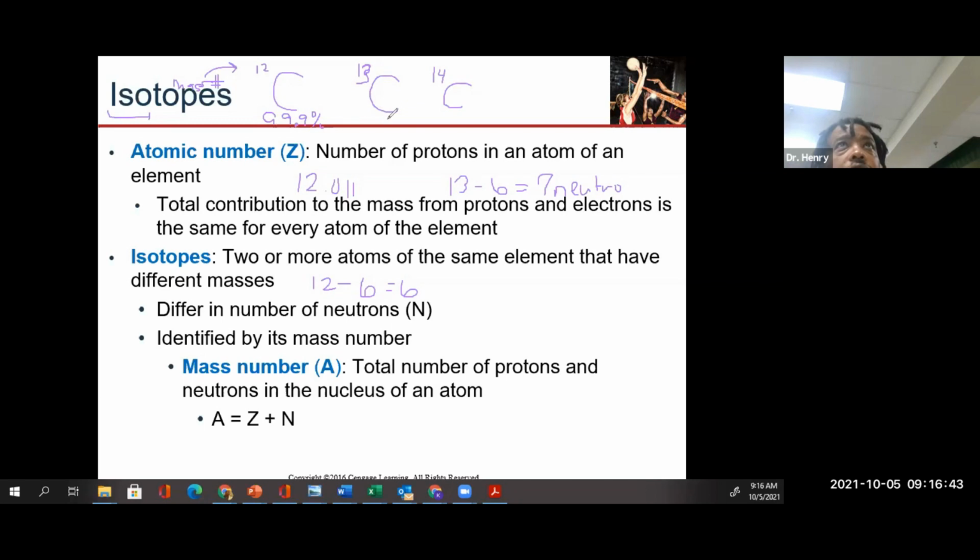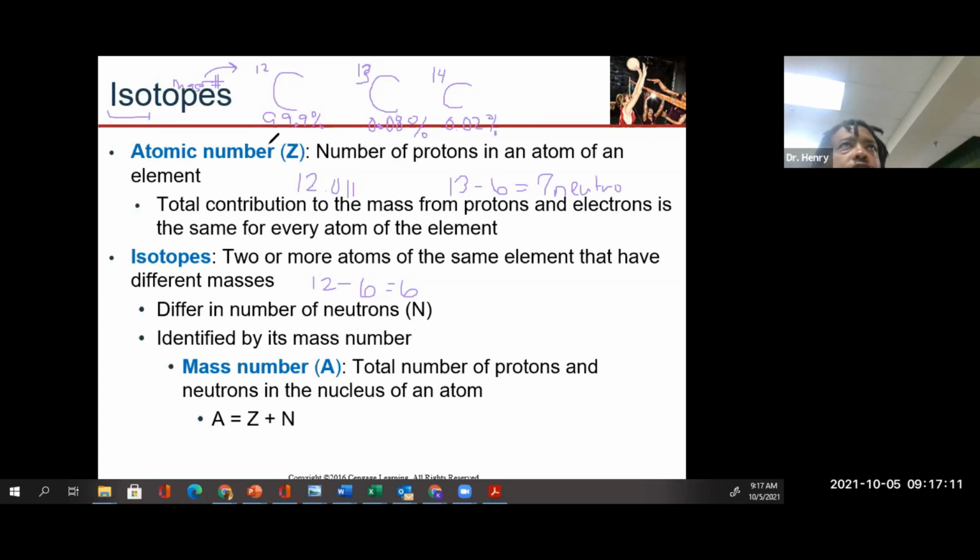We're going to have less than 1%, less than 0.1%, that's going to be carbon 13. And then this guy is going to be like 0.02%. Okay, really, really small.